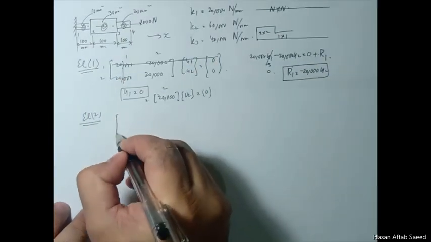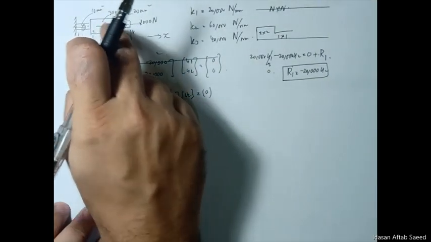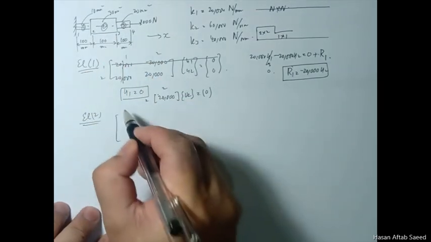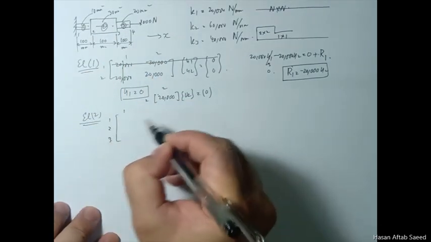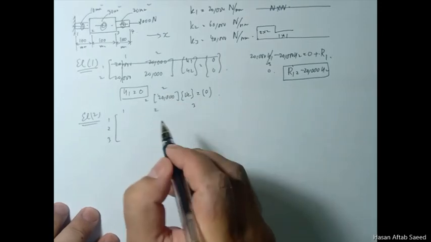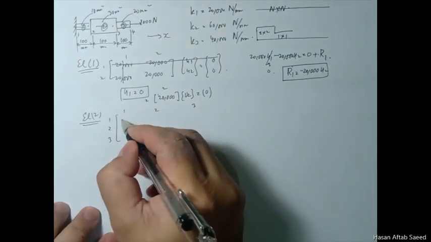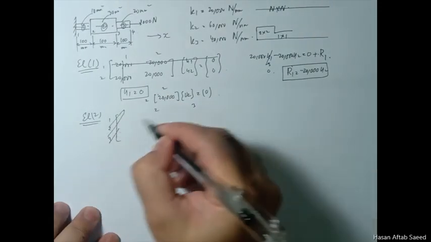So when we add element number 2, then we are talking about 2 3. So 1 2 3, 1 2 3. This is even 1 is not needed. 1 is gone.